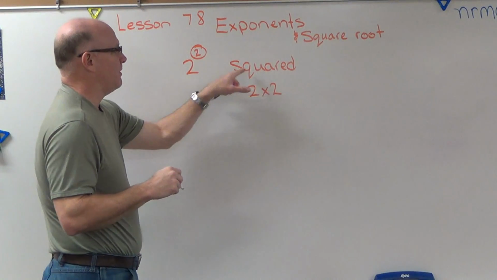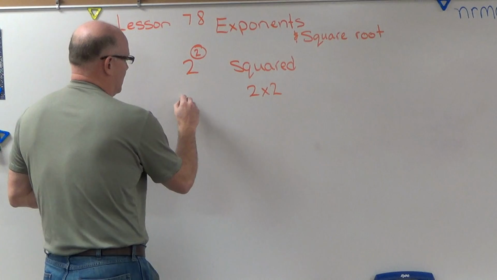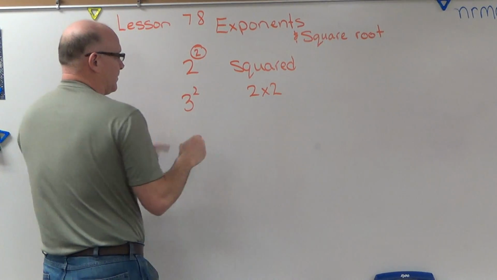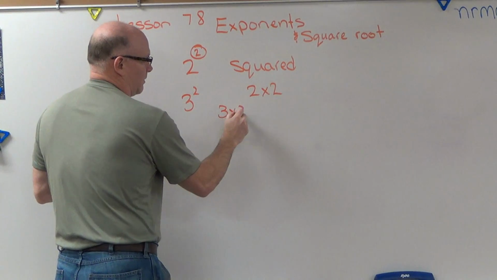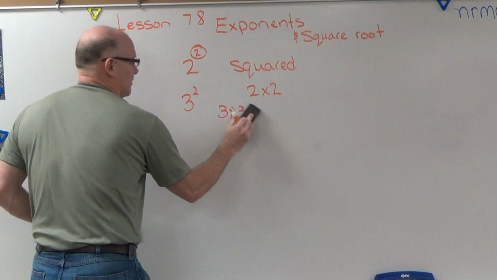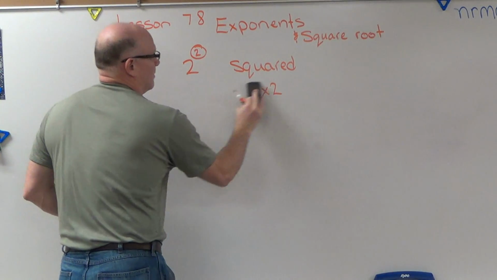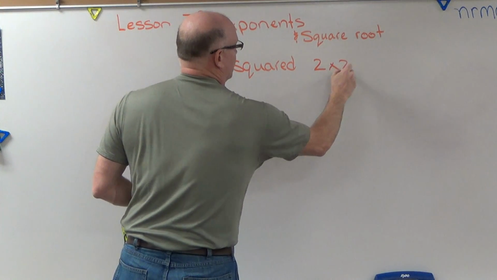So the same number both times is going to be squared. 3 squared would be 3 times 3. So squared would be 2 times 2.